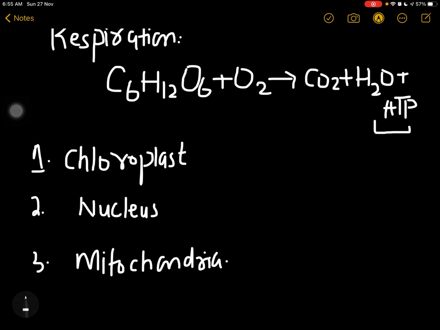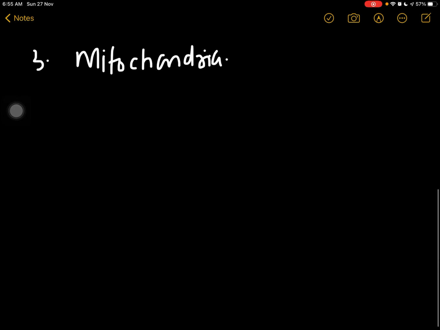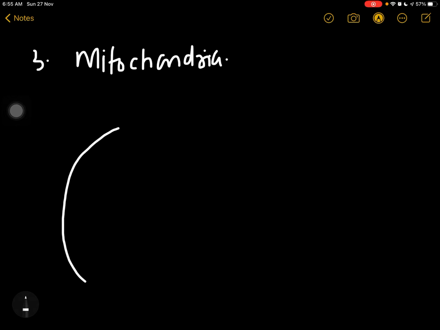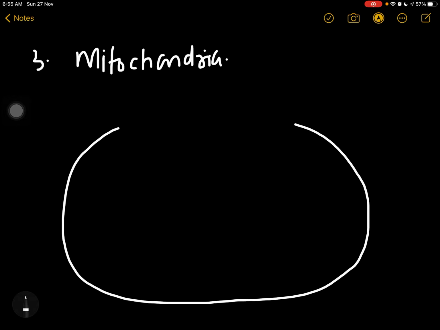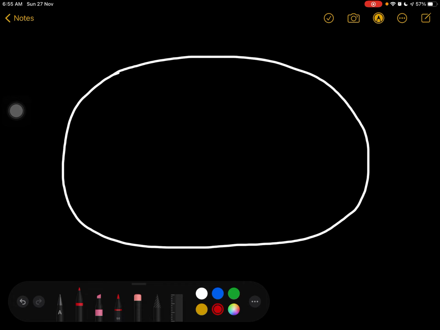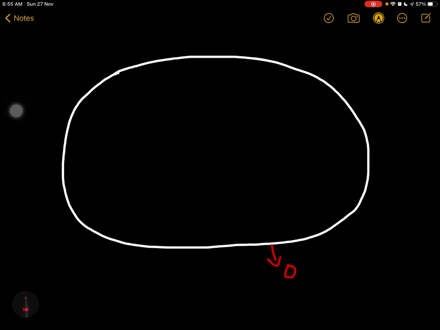Okay. Now let us discuss the structure of mitochondria, because these structures are quite important in order to study respiration. So let me draw the structure of mitochondria. Consider this is the outer membrane, right?